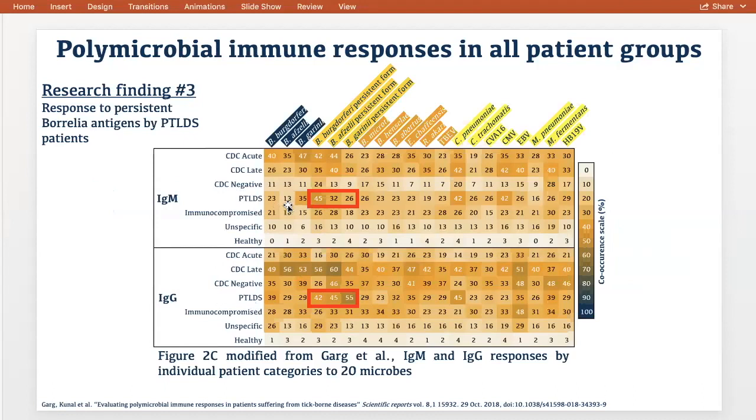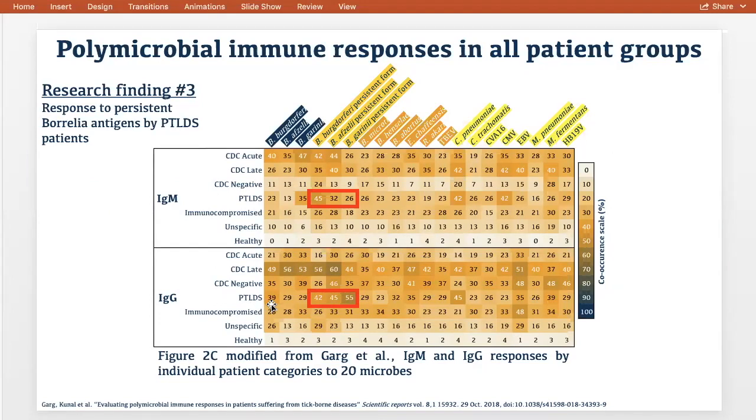So you can see visually, even over here, that about 23 to 35% of the patients are responding to Borrelia spirochete species, whereas 45 to 26% of patients are responding to Borrelia persistent forms in IgM. In IgG, that percentage increases to 55, which is the largest over here, versus 39% for Borrelia burgdorferi.